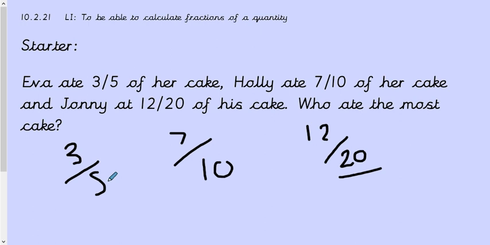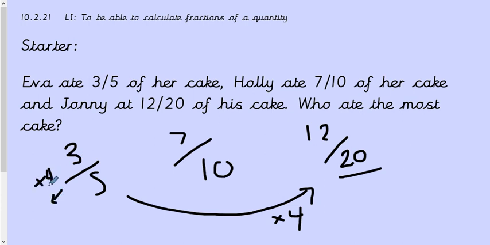So I know from 5 to get to 20, you need to times that by 4 because 5 times 4 is 20. So you need to times this all by 4. So 3 times 4 is 12. 5 times 4 is 20. So Eva has eaten 12/20. Then we just need to work out what Holly ate.